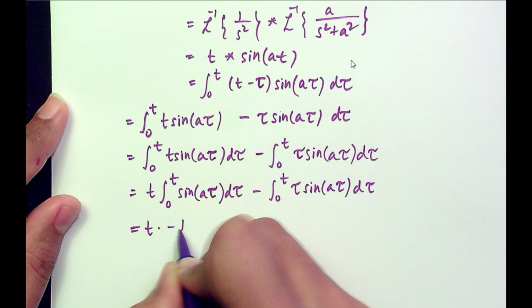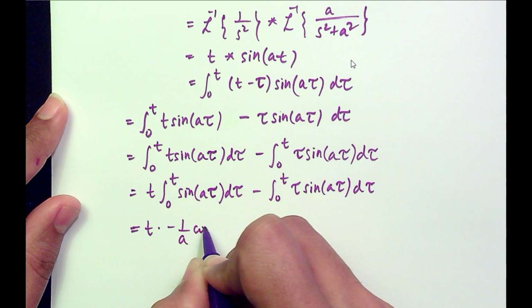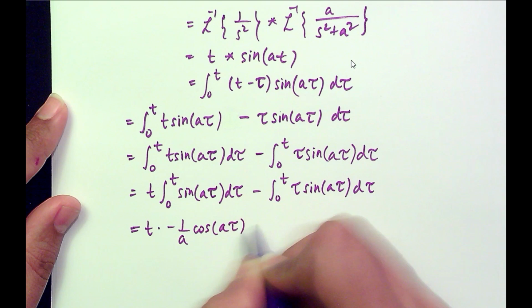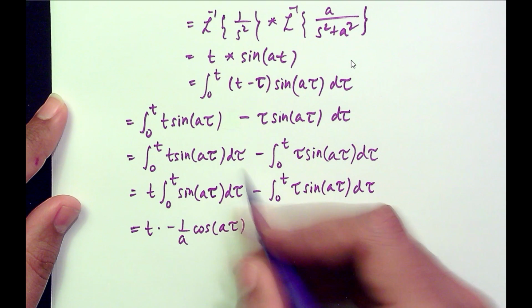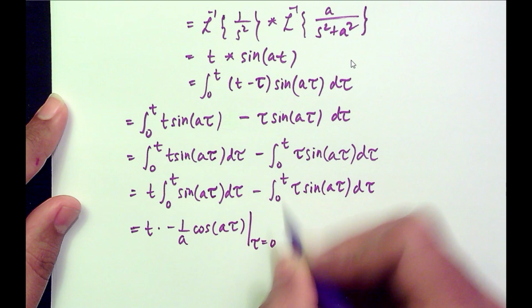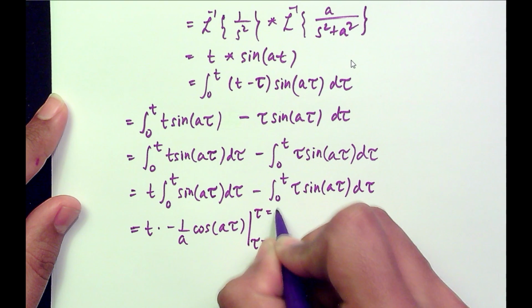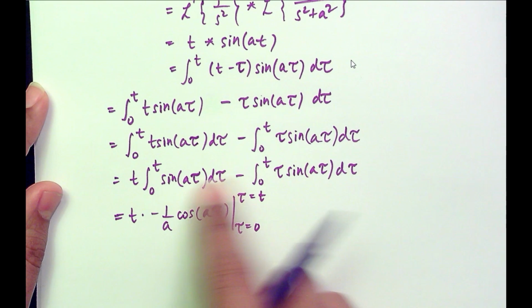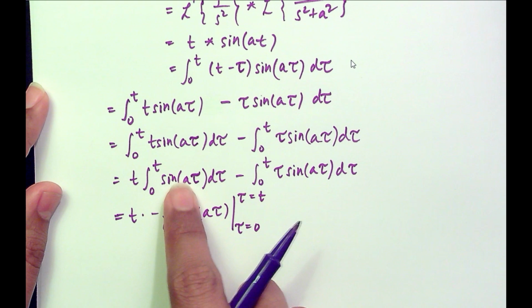So this is going to be negative 1 over a cosine of a tau, and then you plug in between 0 and t. So that was a u-sub, or just do it in your head.